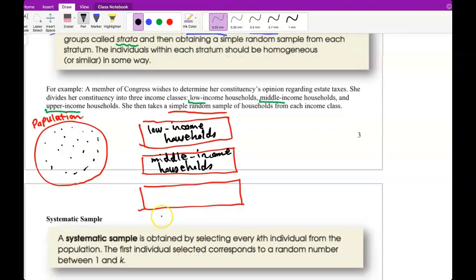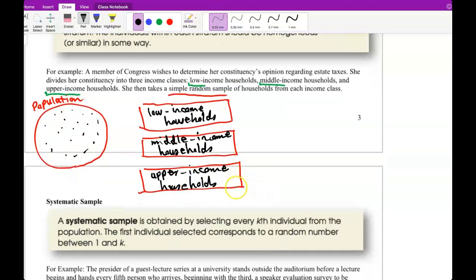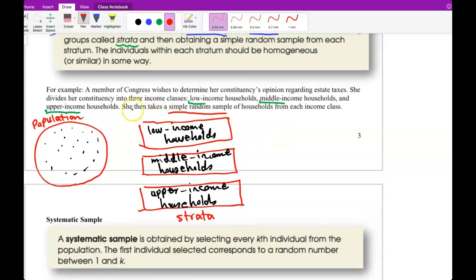And the third group, upper income. So this part was the strata. Then after that, she takes a simple random sample of households from each income class.